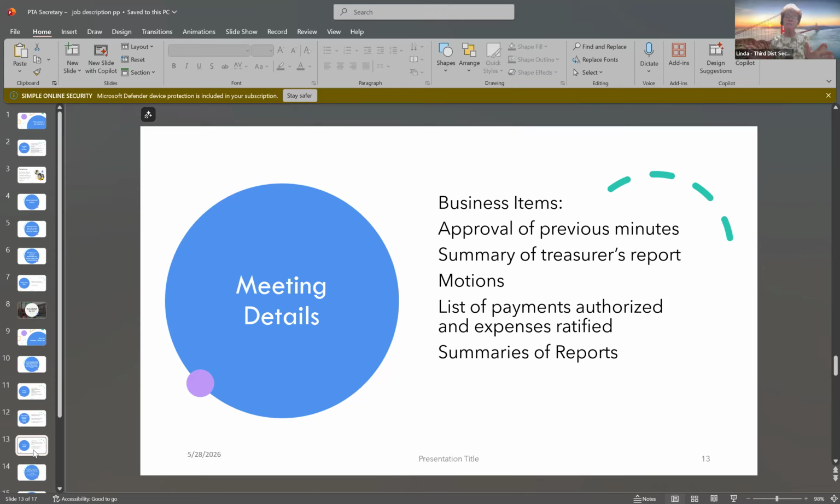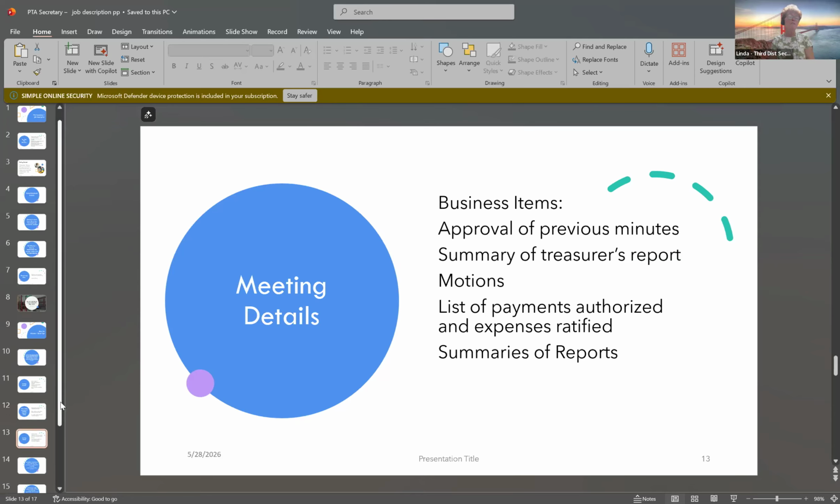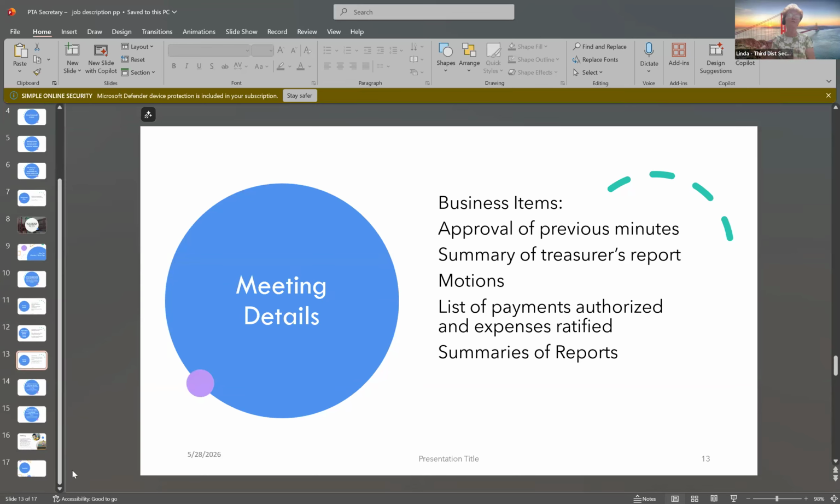It doesn't have to be a lot, but it shows what you are doing as a site, as a unit, and it keeps it in the minutes so there's an ongoing record: this is being done, the carnival's coming up, the carnival went well, there was this much money earned. And you can also improve on that as you're reading the minutes. It might generate some ideas for improvement the next time we do that.